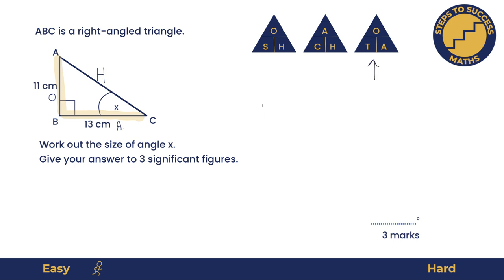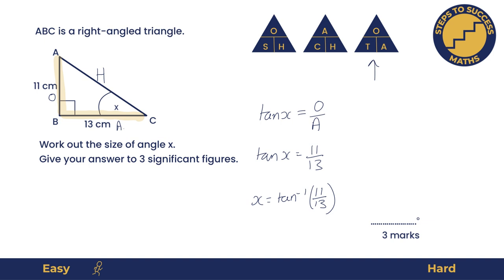So tan X is equal to opposite over adjacent. So 11 over 13. Now we just want the value of X, so we do inverse tan, so X equals tan to the -1, looks like this, and then in brackets we've got 11 over 13.